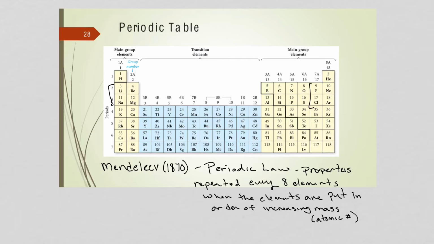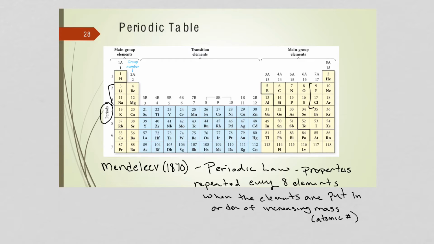So what I'm going to do now is walk through some key terms, some key ways that we organize and divide up the periodic table. So first, I'll hit some of the basic vocabulary. The rows, which are numbered 1 through 7 over here, are called the periods. And as we get to the beginning of a new period, that periodicity repeats itself.